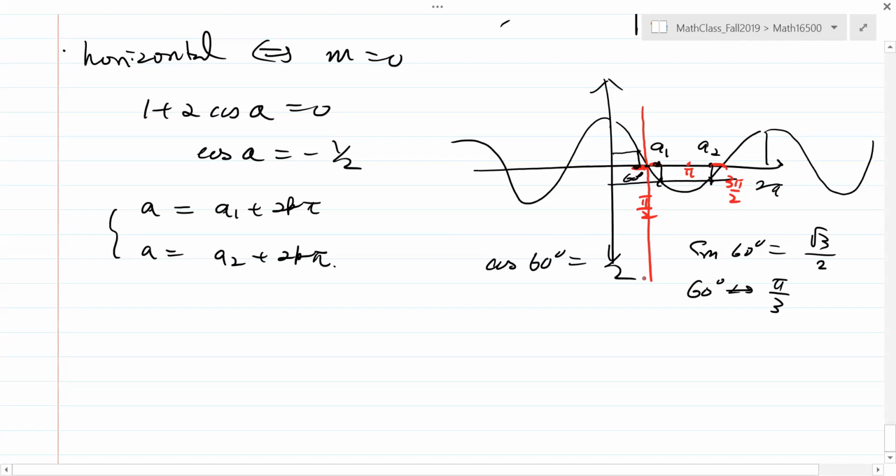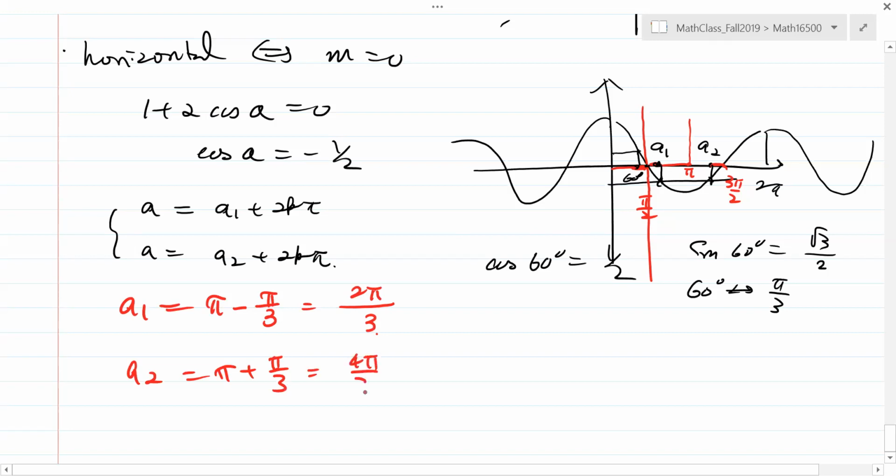So this is pi, and this piece is the same. So two solutions. A1 should be pi minus pi over 3, right? It's going to be 2 pi over 3. Another one is going to be pi plus pi over 3, which is going to be 4 pi over 3. Okay, you get two solutions.